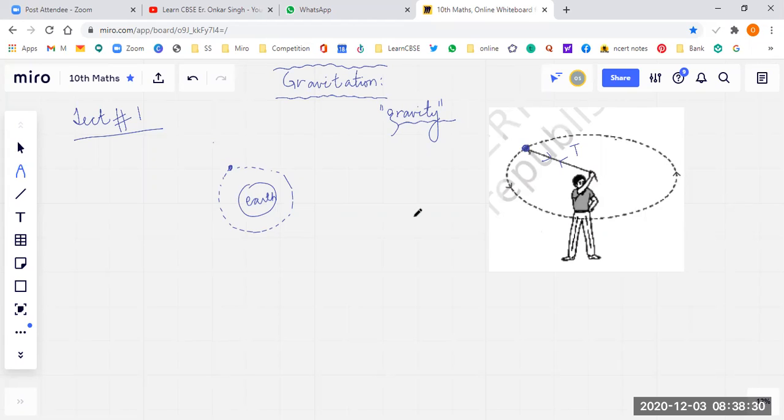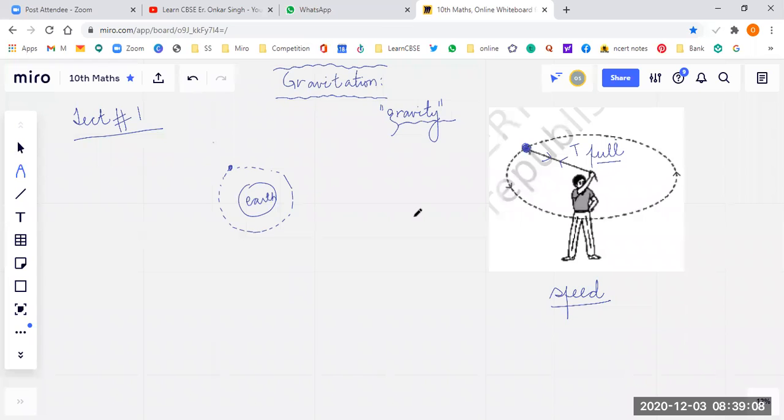So the reason for this stone to be moving with a constant speed, but different velocities at every point, in a circular motion, is the pull or the stretching force which is always binding this stone towards the center.